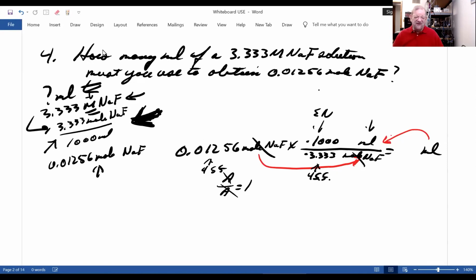And when you multiply and divide, your answer should have the same number of significant figures as the number you're multiplying or dividing that has the fewest significant figures. So with that in mind, I can now go to my calculator.